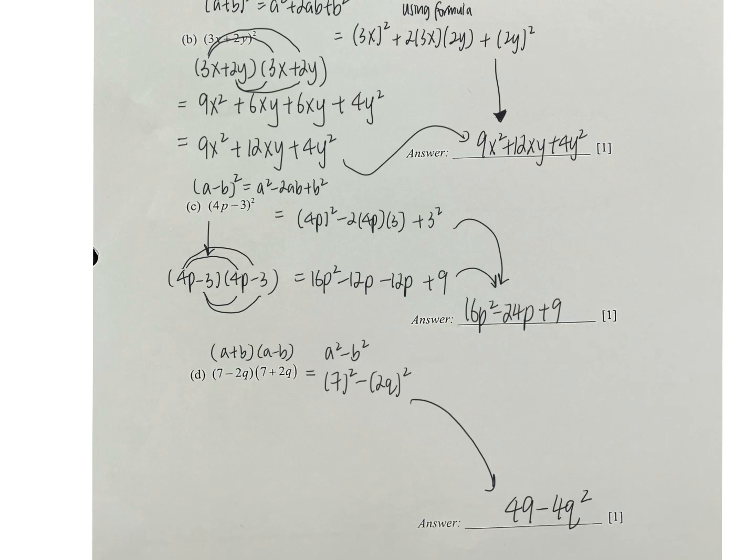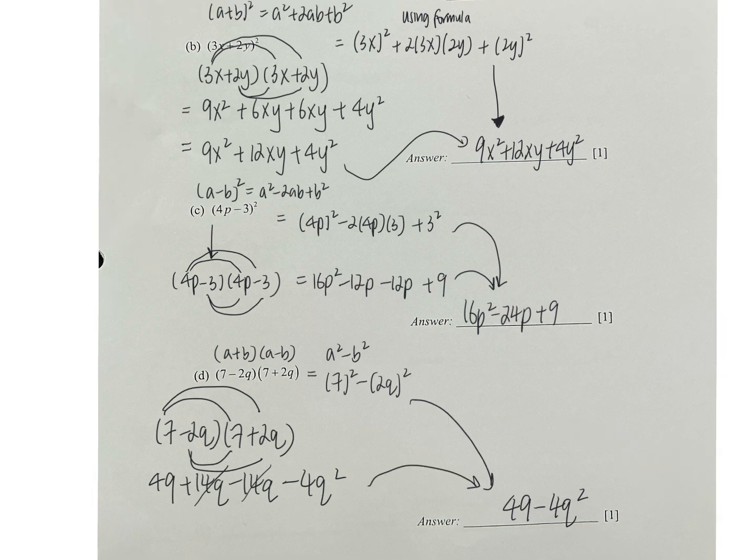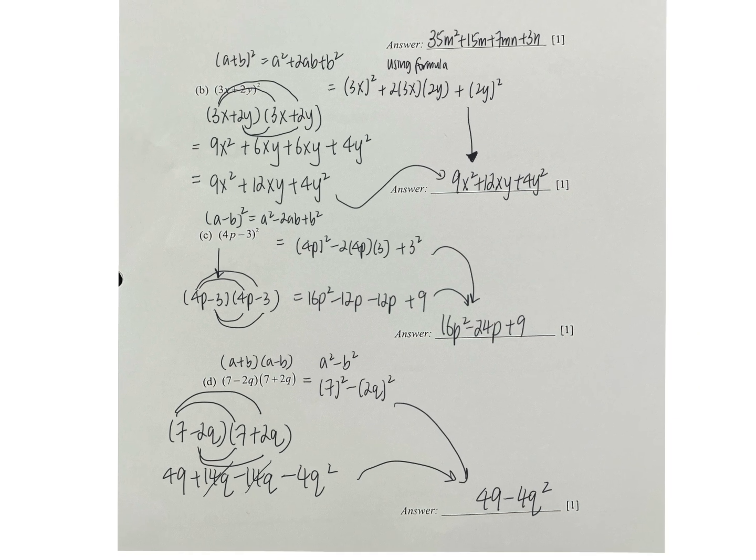If you don't want, you can also expand by rainbow method. 49, 14q, minus 14q, minus 4q square. So these two cancel out. You also get the same answer. So no matter what, make sure you know how to do the expansion.